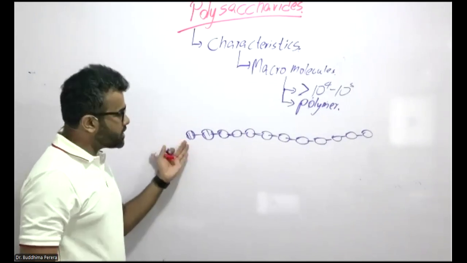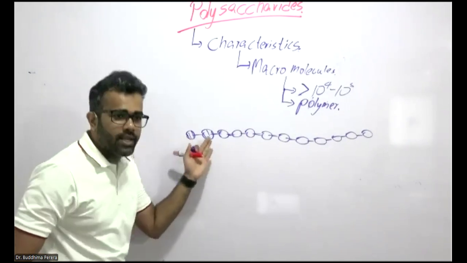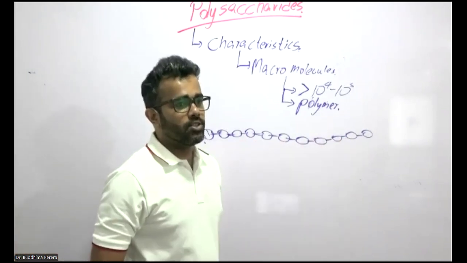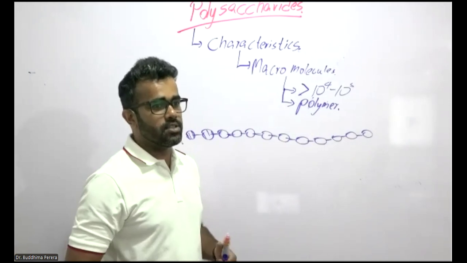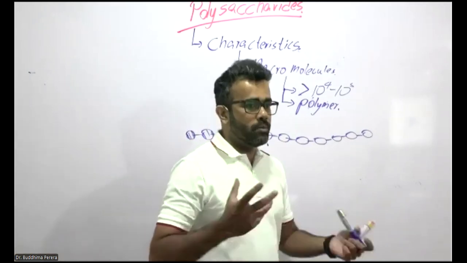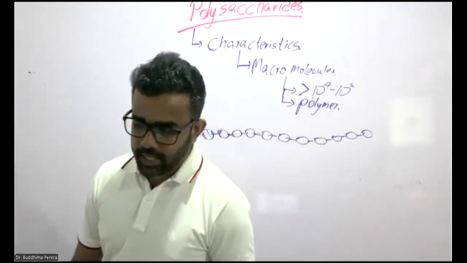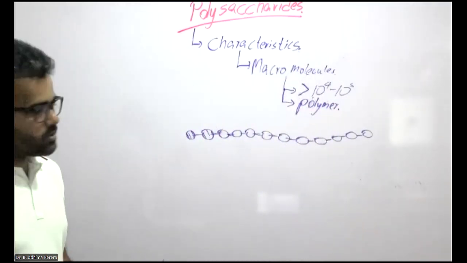So polysaccharide means many monosaccharides joined together. So this is a polymer. This is a biopolymer. Biopolymer means polymers which occur in organisms.